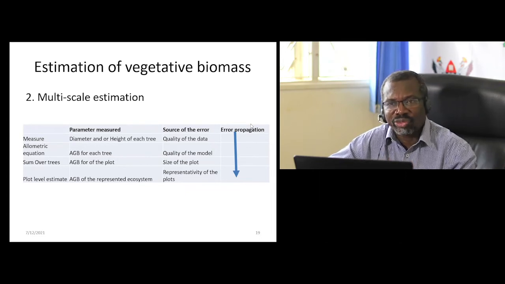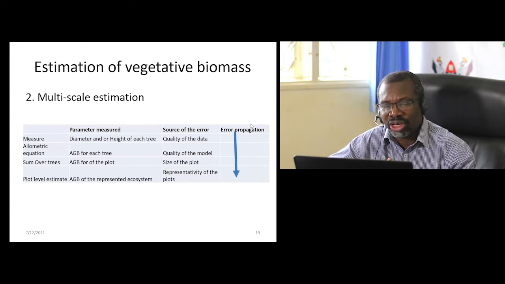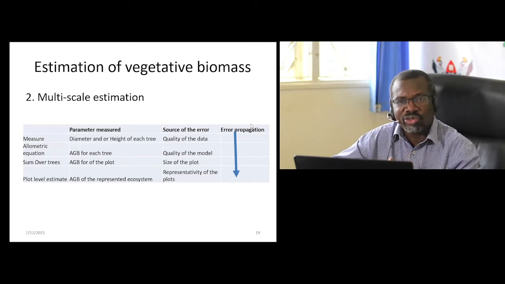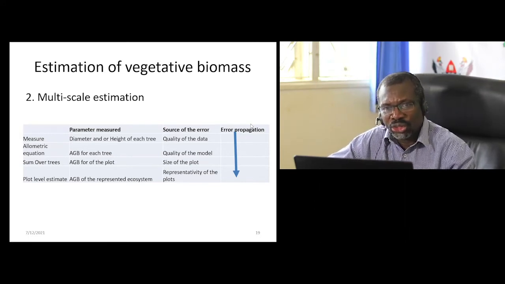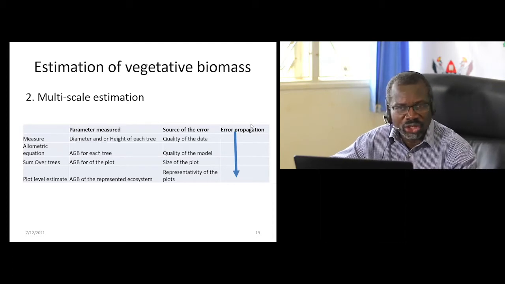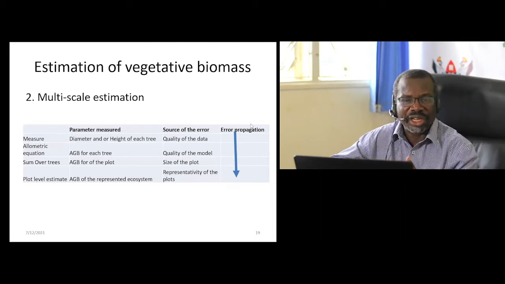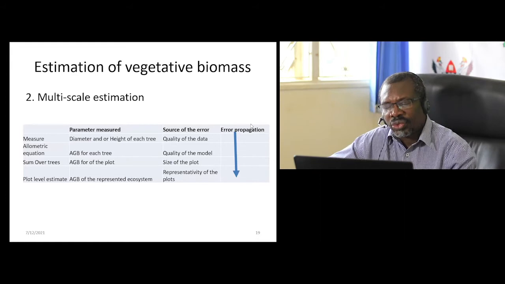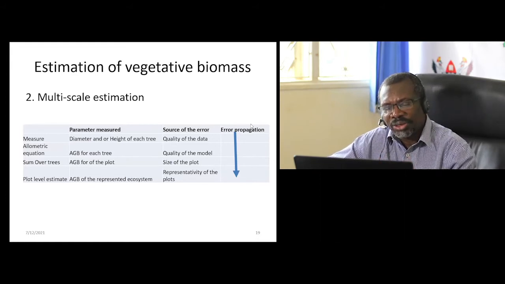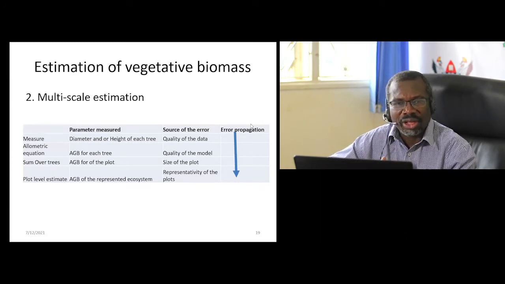If you have done measurements at plot level, maybe a 40 by 50 or 50 by 50 meter plot, and you have measured height and DBH for those plots, and you now want to extrapolate beyond a hectare to the entire ecosystem, you may need to develop an allometric equation.